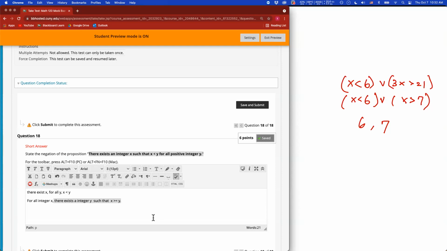When x equals y, then x is not less than y, so it should be included. So the negation of greater than is less than or equal to, and the negation of less than is greater than or equal to. You need to include all integers.